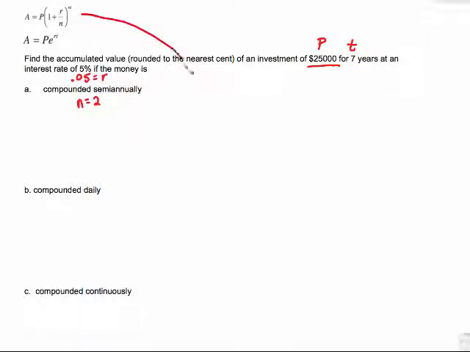So we're using this formula right here. So A equals P, which is 25,000, parentheses, 1 plus 0.05 over 2, because it's semi-annually, raised to the, now there's another place you have to be careful about parentheses, raised to the n times t. N is 2, t is 7. You need to have that in parentheses.